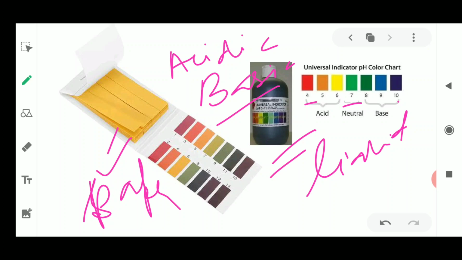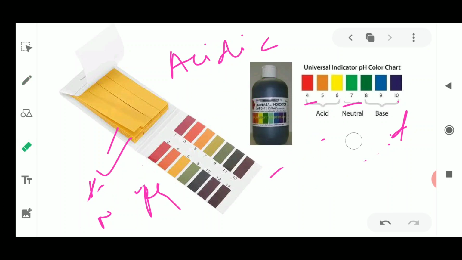This paper is going to be used according to the solution, according to the range, and the range is also written on the sheet. As you can see in this picture, on this bottle the indicator range is given, that it is going to check only the range from 3 to 11.